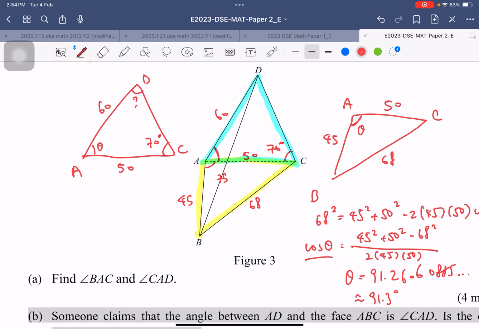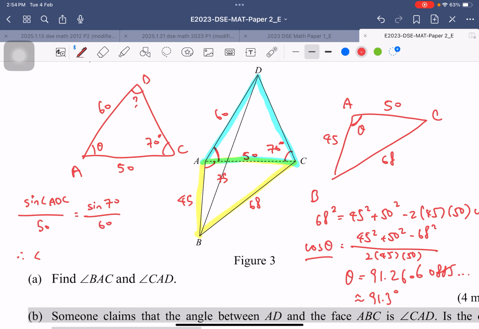So now I can say sine angle ADC divided by 50 is equal to sine of 70 divided by 60.